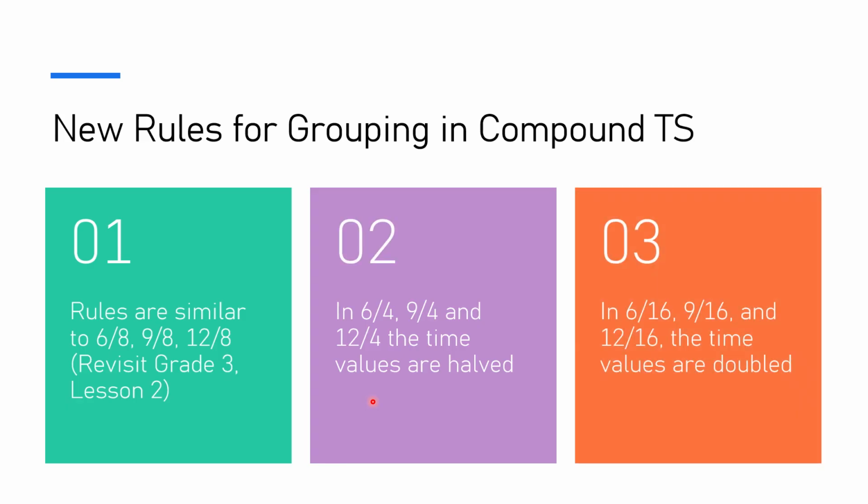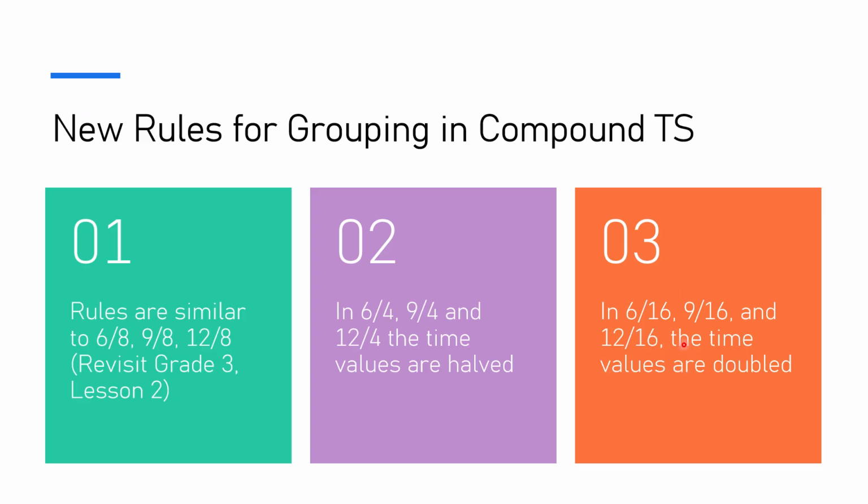And then when you move on to 6/16, 9/16, 12/16, in this case, you now have a dotted quaver. You see that a dotted quaver is half of a dotted crotchet, because you look at 6/8, 9/8, 12/8, these all have a dotted crotchet beat. So it's half of this. It's the same principle.